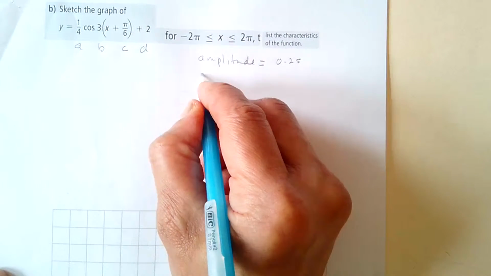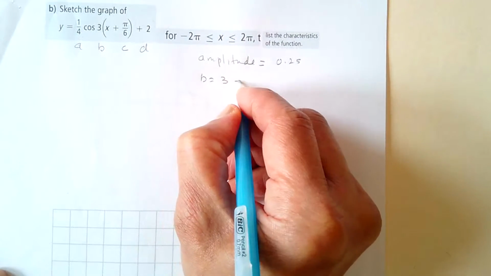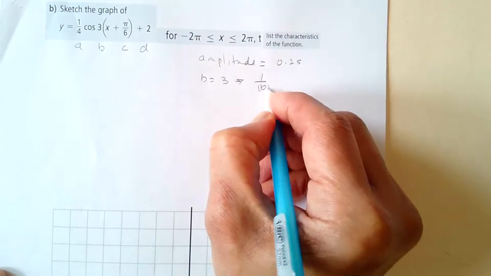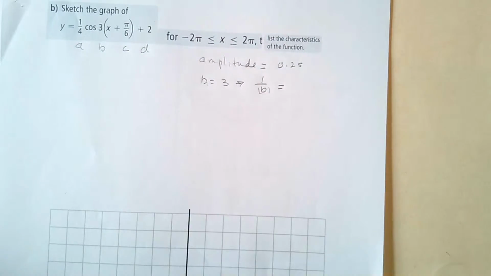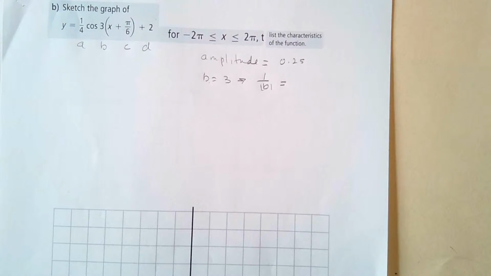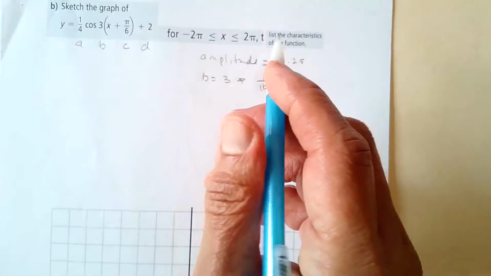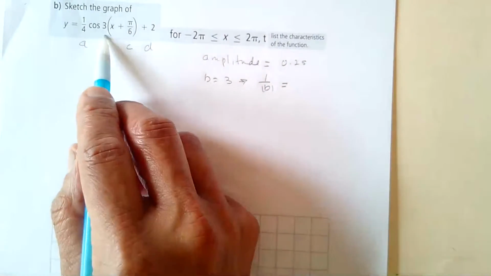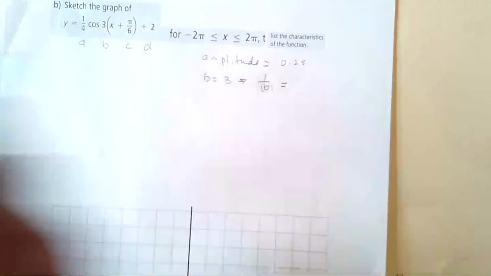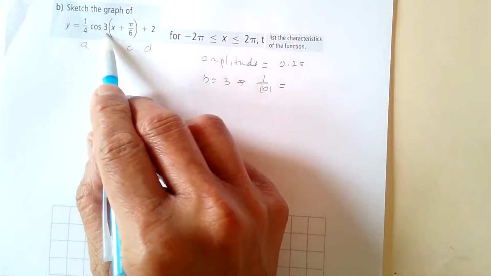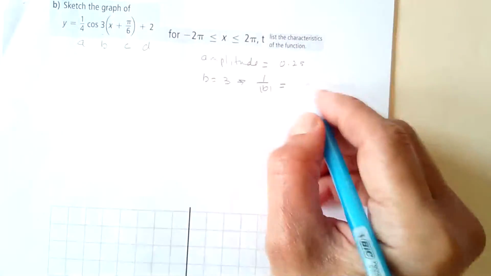Remember, b is equal to 3. This is our horizontal stretch, so it's 1 over the absolute value of b. This has a horizontal compression by a factor of 1 over 3. So this is your b.